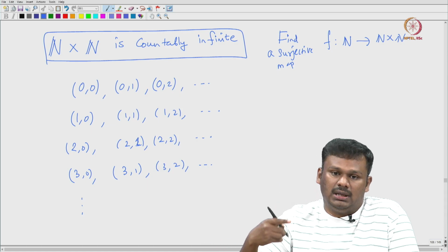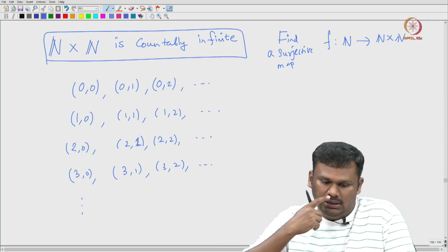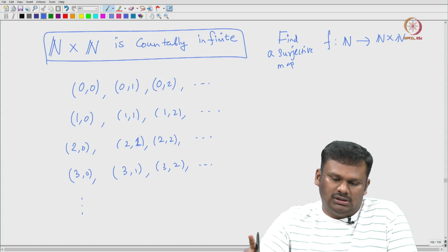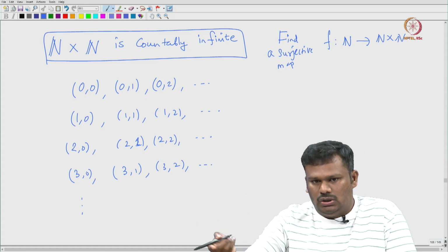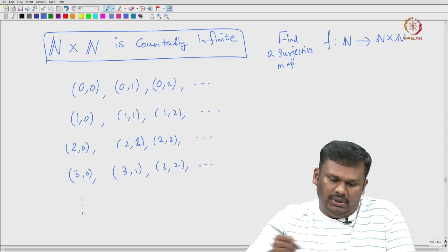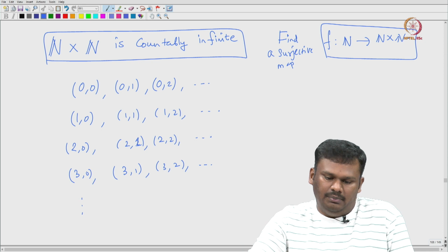So, basically you are listing all the elements of n cross n, that is all. Okay. That is what the surjective map means. You keep counting. Sometimes the same element may be counted twice, but in this case it is not happening. But anyway, this is what a surjective map means.